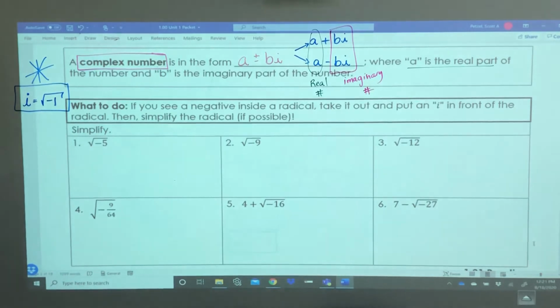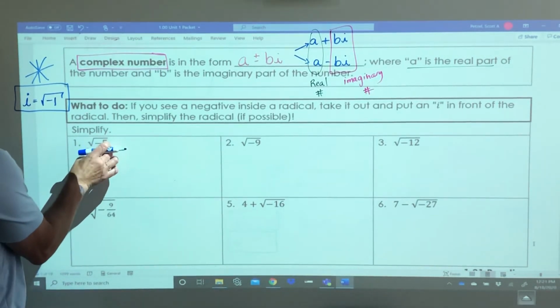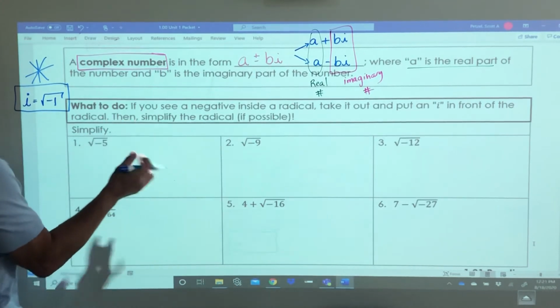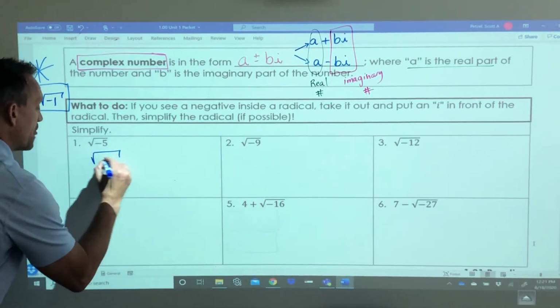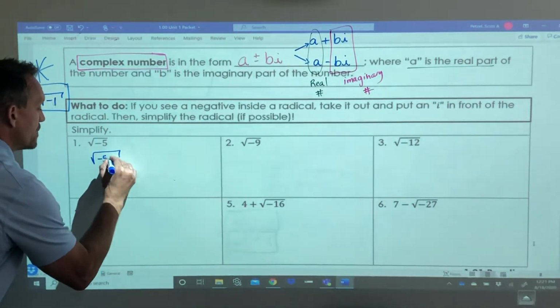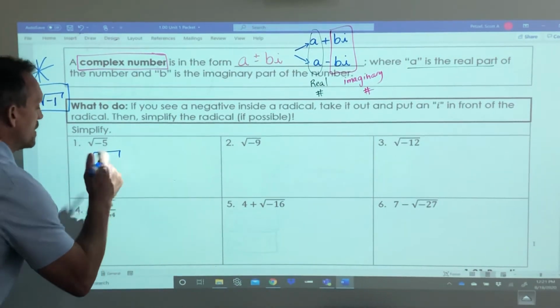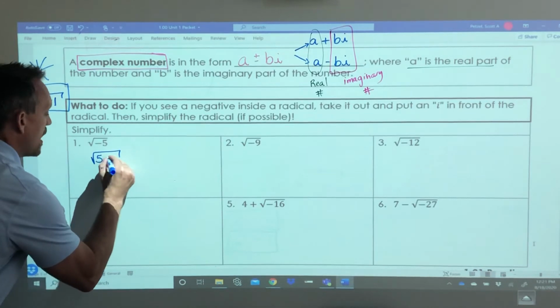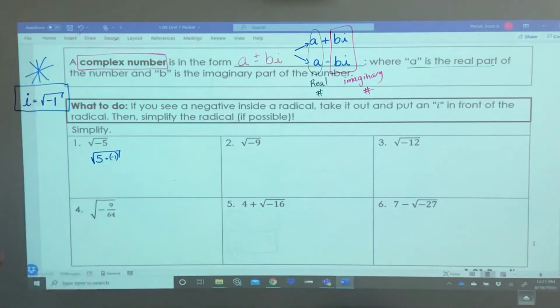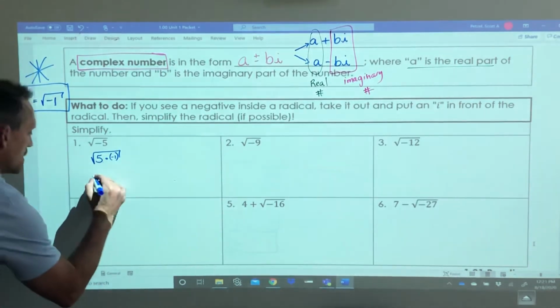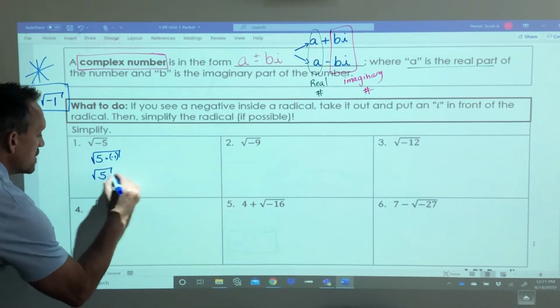Okay? So we're dealing with the square root of negative 5. Same thing, we would separate this if we could. So we want to say, excuse me, let me rewrite that. It's all right. 5 times negative 1. Separate.